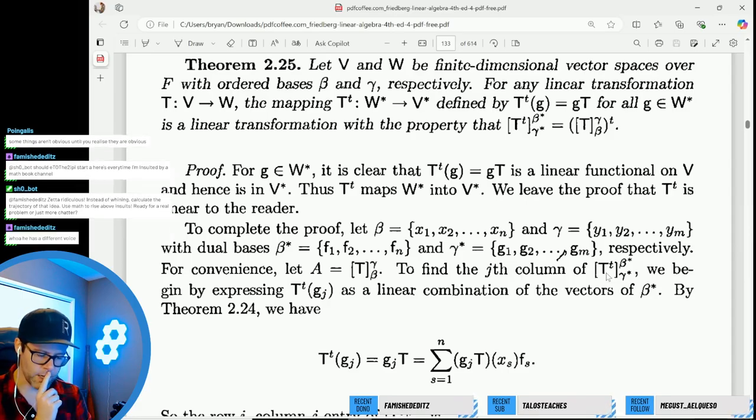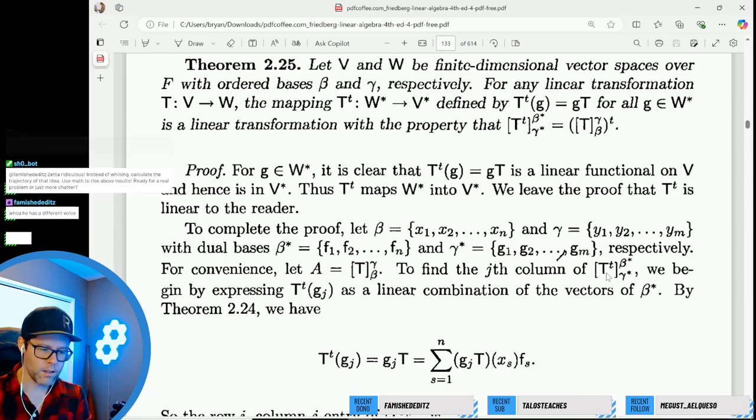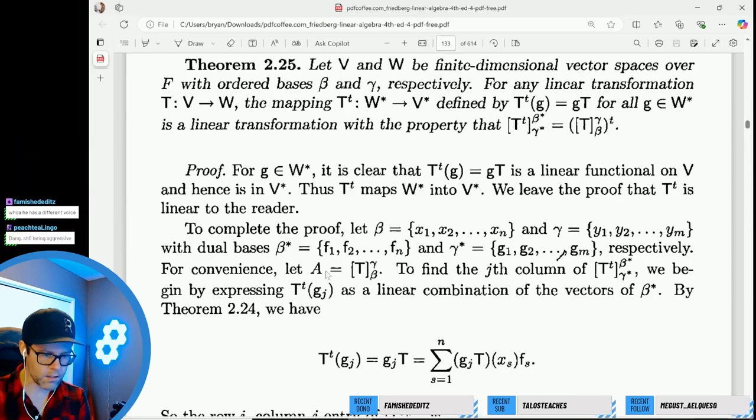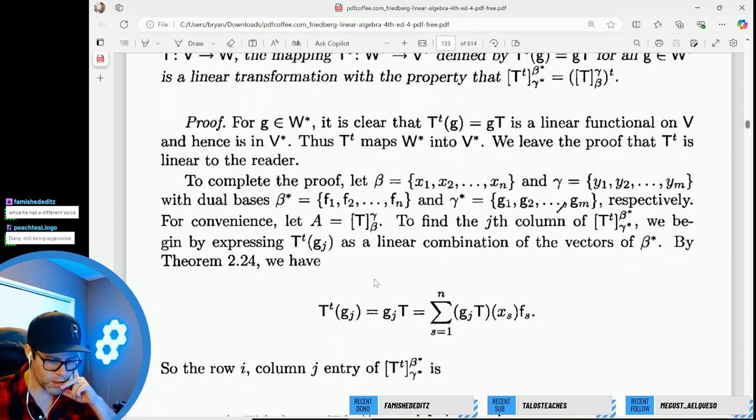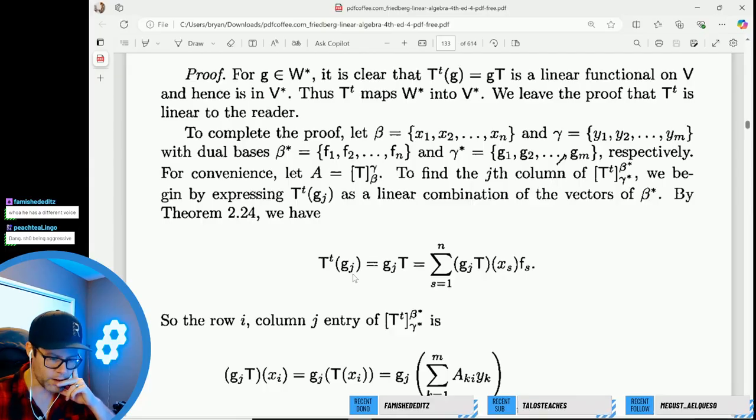Right. So we need to send these g column vectors through T transpose, express them as combinations of the basis vectors in V star, right? This is how we start to form that matrix associated with the transformation. Yeah, okay. So by theorem 2.2.4, we have, oh okay, so this is what we were doing earlier.